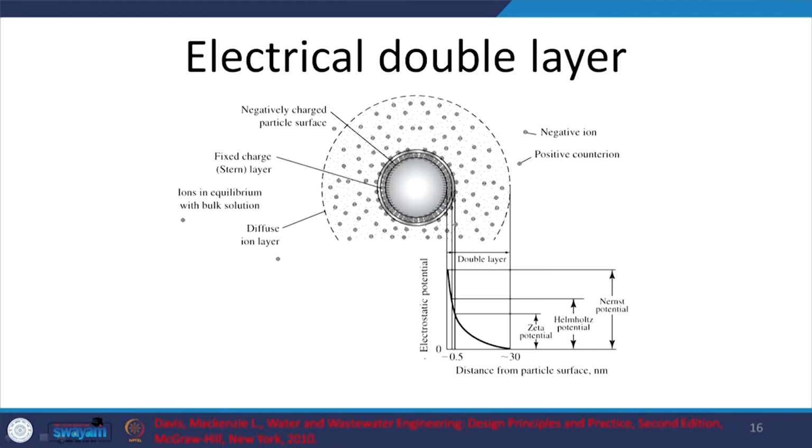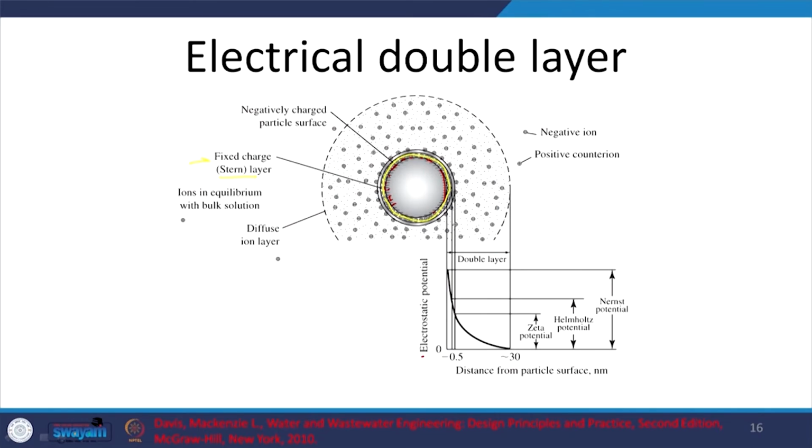So, we see the electrostatic potential here. In the first case, we see the colloid at the innermost region, and then you can see the negative charge, and then you can also see the positive charge in this region, the positive charge which accumulates around the colloid because of the electrostatic force of attraction, and that is called the Stern layer.